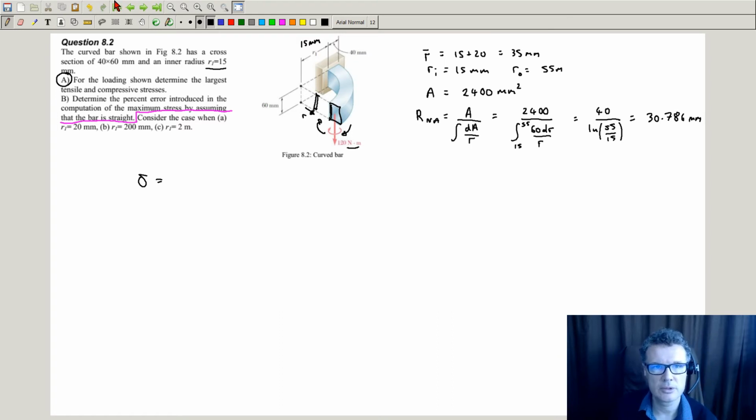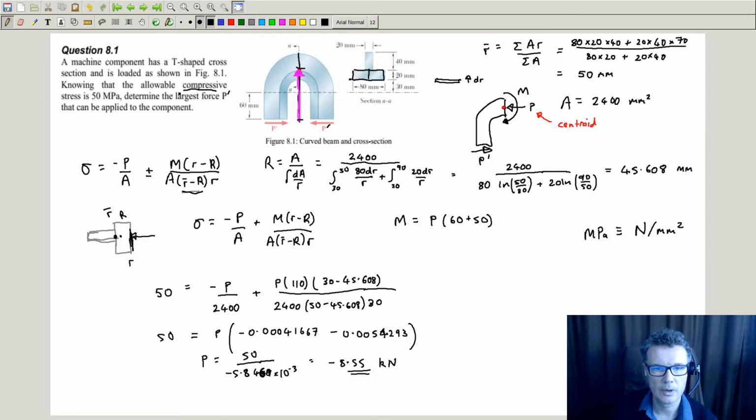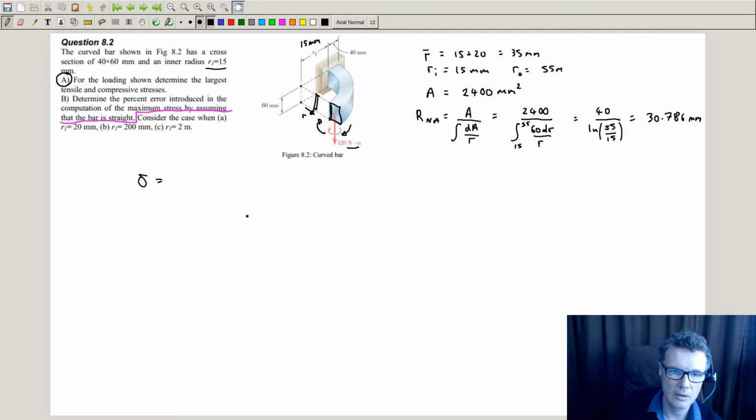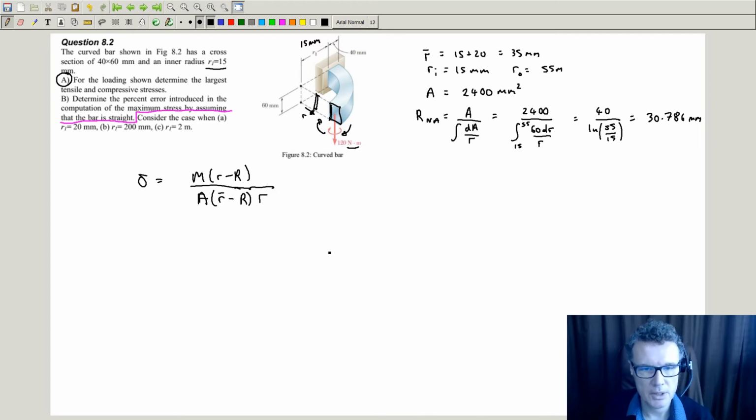Stress equals M over A. So that's the equation we're going to use for that. M is just going to be the 120. R's going to have two different values to plug in.